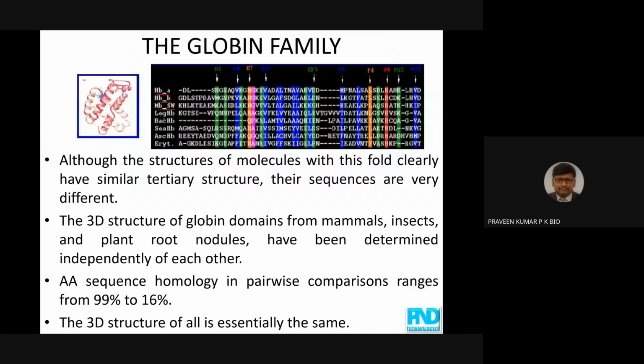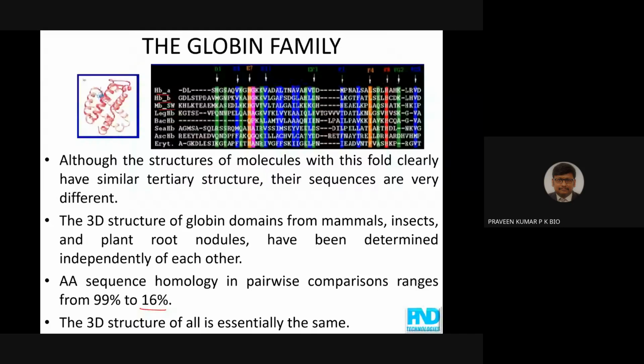Similarly, if you compare with the leguminous hemoglobin from the chickpea plant, the plant protein has the same structure as the human blood protein. But if you compare the amino acid sequences, they vary, with similarity even as low as 16%.